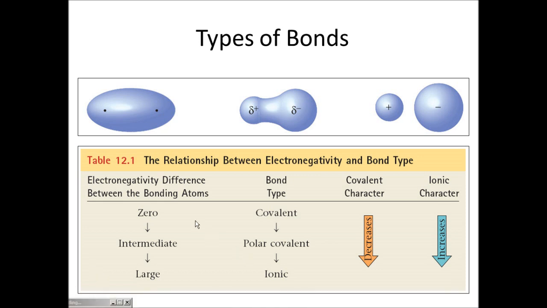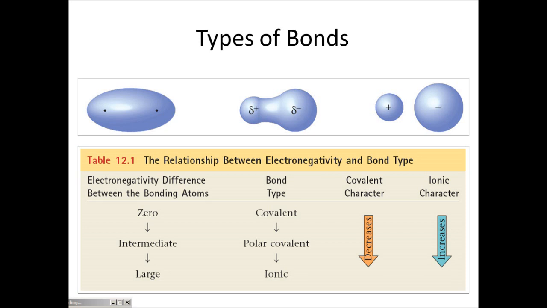So if there's an electronegativity difference between bonding atoms, if there's a very, very large electronegativity difference, like when a metal and a non-metal are involved in a compound together, you would expect some type of ionic compound. You can figure out what the charges are later.